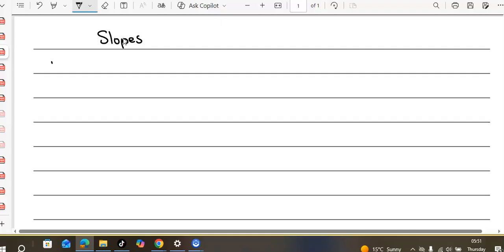Okay, so on the slope, the perpendicular resultant will be equal to 0 newtons.